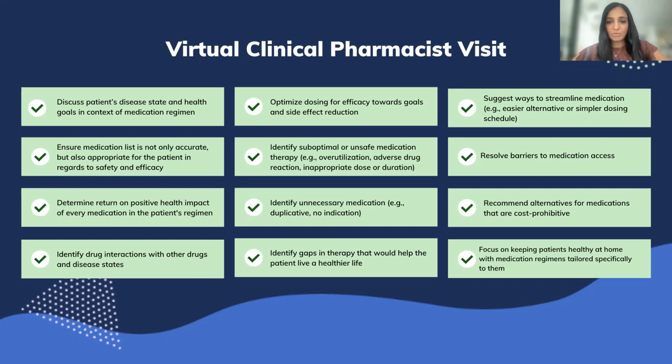Clinical pharmacists are also trained in motivational interviewing, which is patient-centered and collaborative. And this really helps to strengthen patients' own personal motivation, which ultimately allows them to reach their disease state goals.